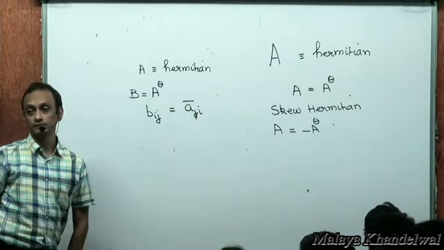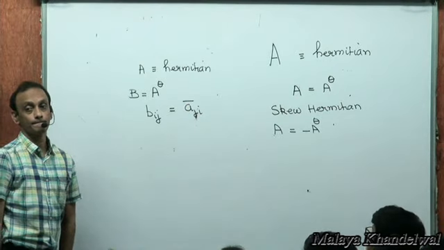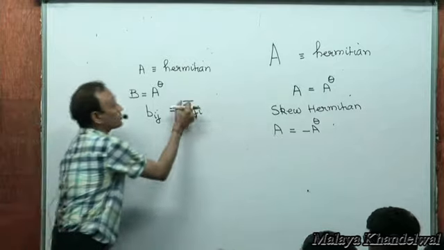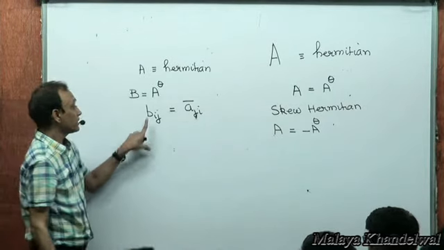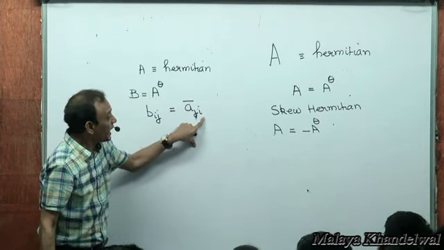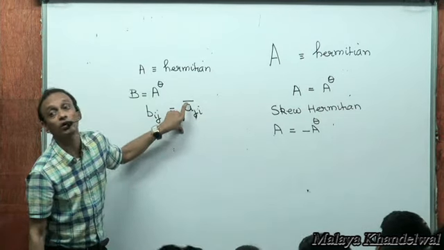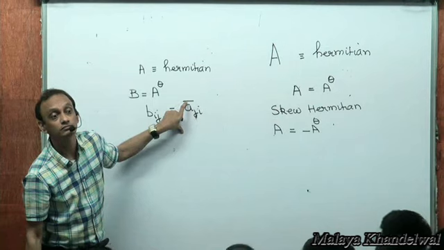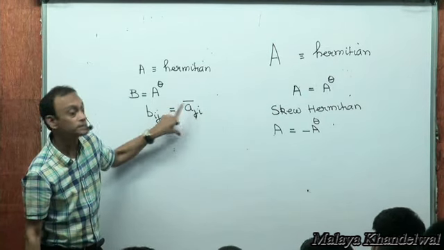Do you realize that? The ijth element of this matrix is the jith element of A with a conjugate. Yes or no? Do you all understand this?